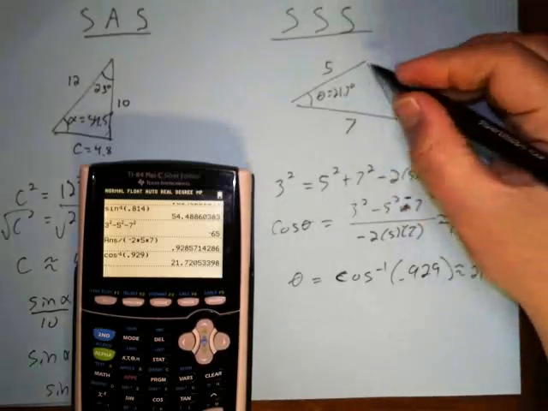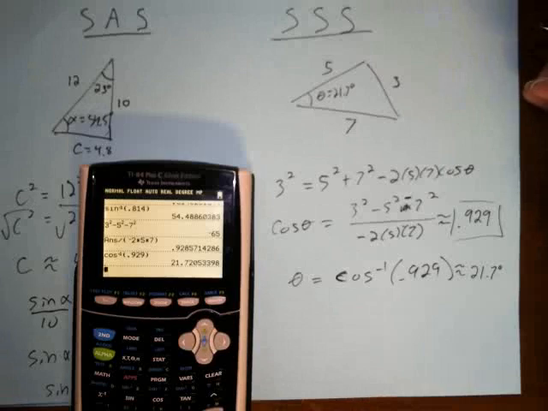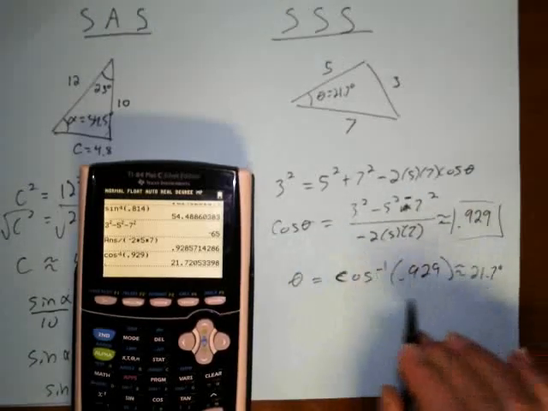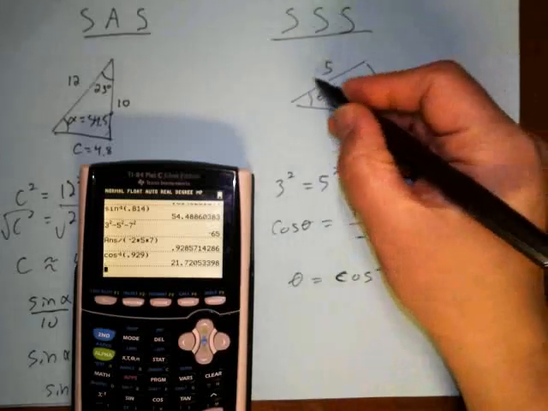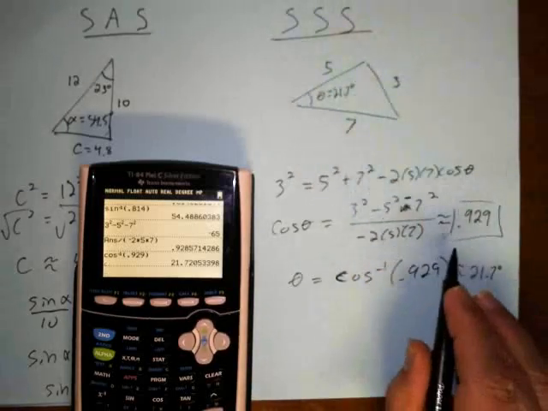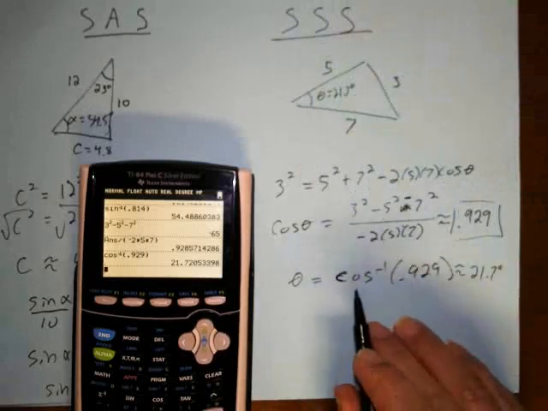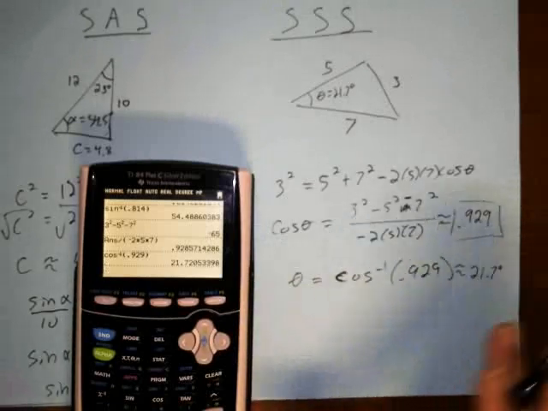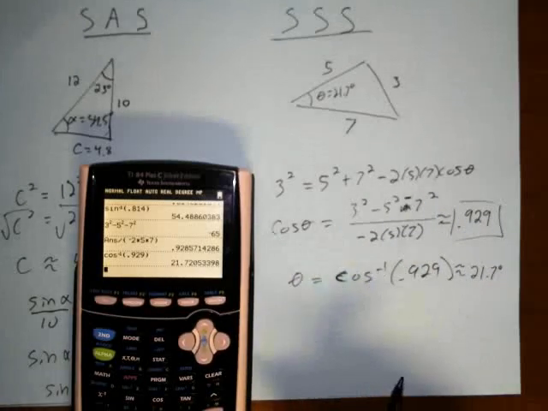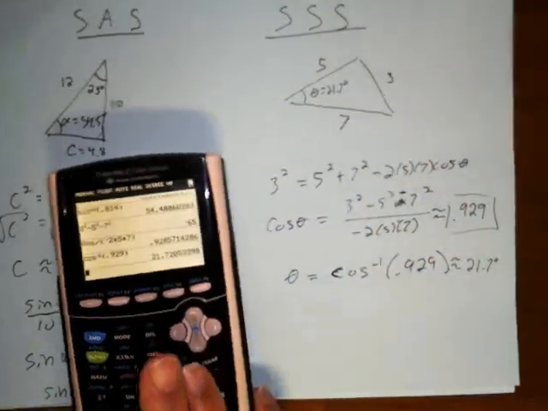You could just use the law of cosines again to find one more and then find the last one. You could also use the law of sines. In this case, there's no ambiguous case because this will be an angle between 0 and 180. So for the law of cosines, you're not going to get two solutions like you would with the law of sines. For that reason, I usually like to use the law of cosines.